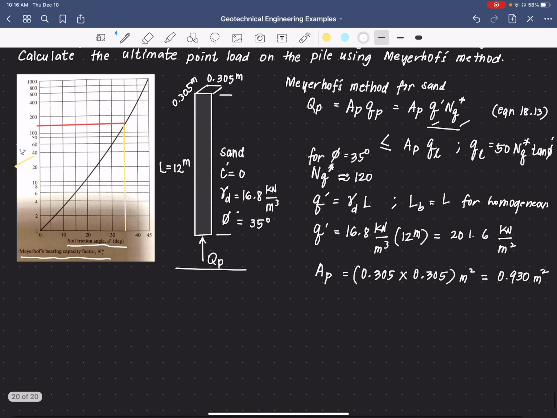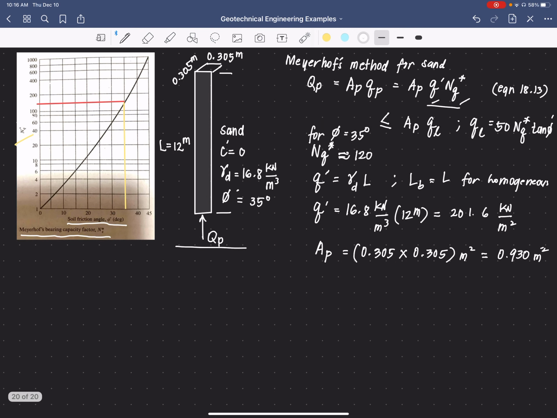So since we have all the parameters, we can now calculate capital Q sub P, which is the load in kilonewton. We consider the area of the tip, which is the same as the cross-sectional area on top.